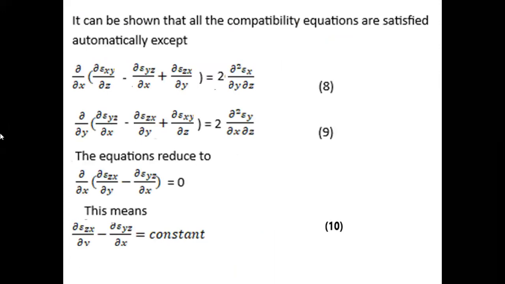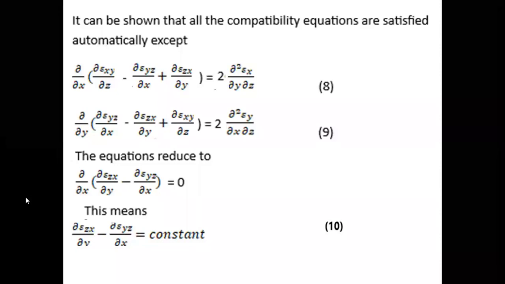Now, if we substitute tau xz and tau yz, the compatibility equations that are not automatically satisfied are equation 8 and equation 9.